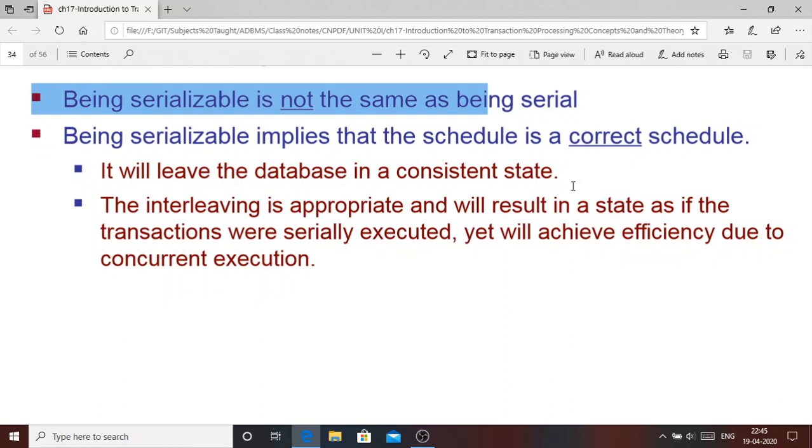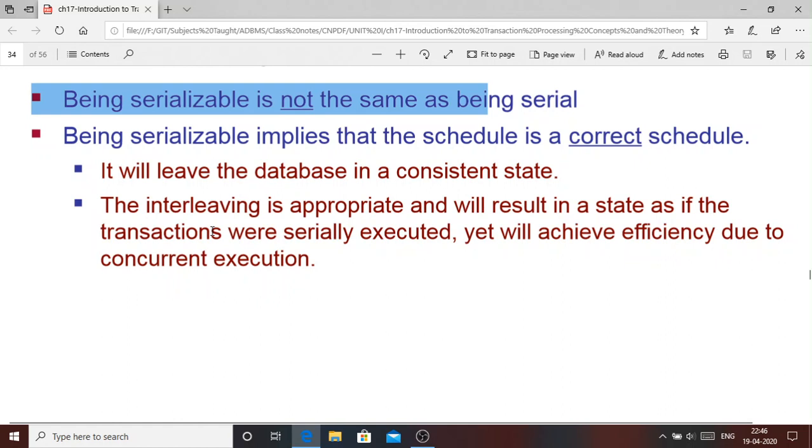Now, interleaving is appropriate and will result in a state as if the transactions were serially executed. So though there is interleaving in the non-serial schedule, it will result in a state as if the transactions actually executed in a serial fashion. That means it is going to give the efficiency due to concurrent execution, which was not there in the serial schedule. So serializable schedules, as I told you already, have both advantages.